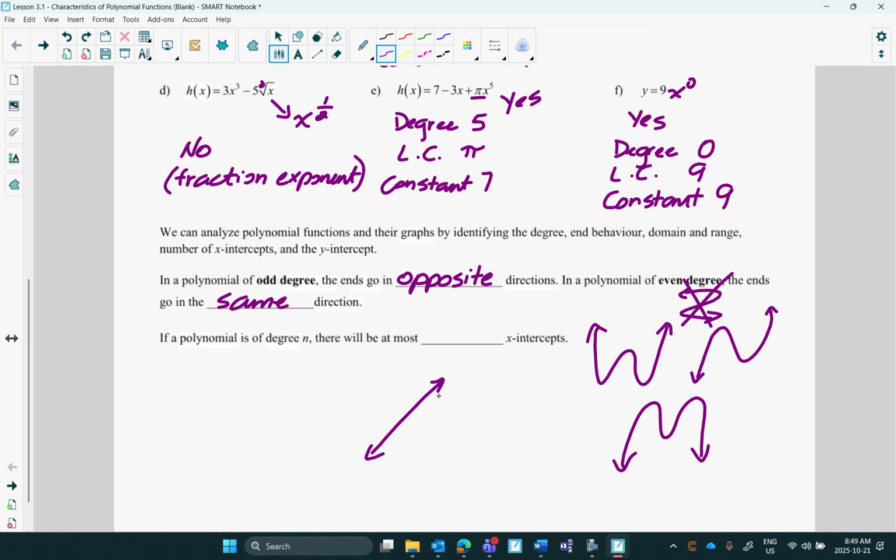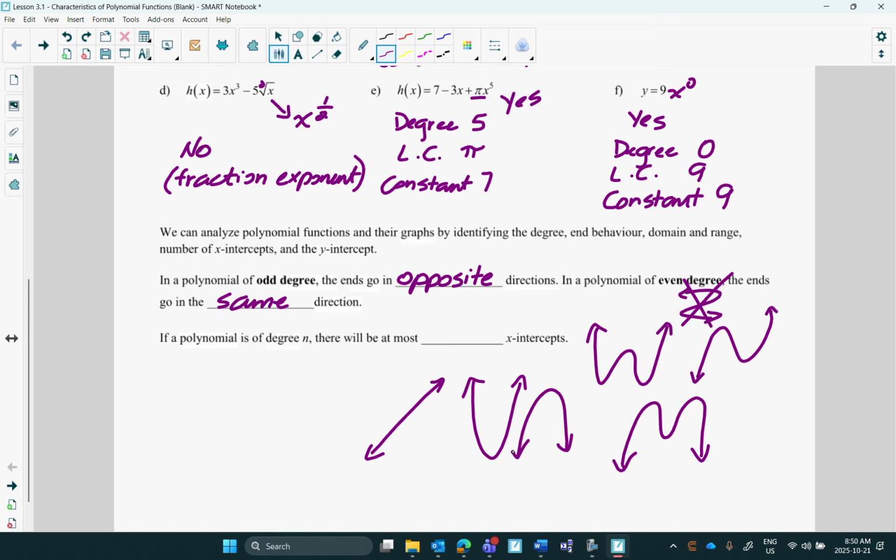That's an odd degree, which means that the ends go in opposite directions. Last year we did parabolas, right side up and upside down. Well, those all had degree 2, x squared. Their ends went in the same direction. We're just extending that to some funkier looking graphs.